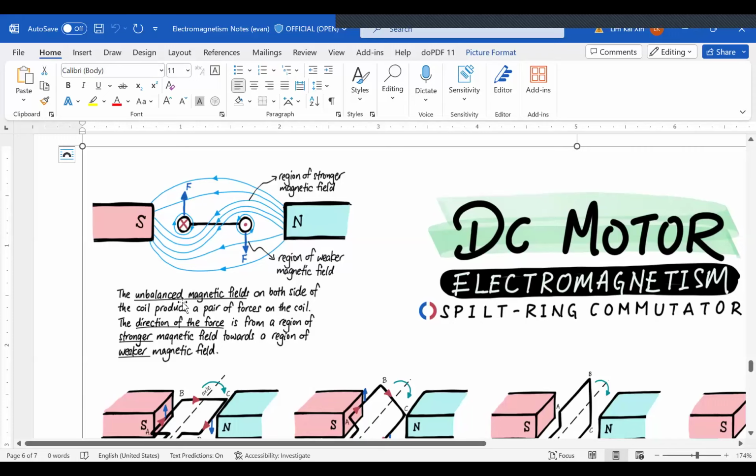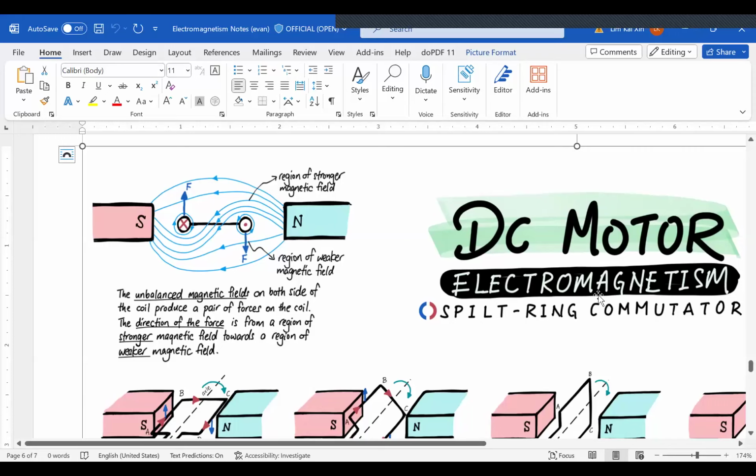Because of this unbalanced magnetic field on both sides of the coil, I produce a pair of forces on the coil. The force will be up here and down here, and this coil will actually form a clockwise movement about the axis of the coil, which is the center of the coil. So this entire coil will rotate about its center, caused by these two forces.